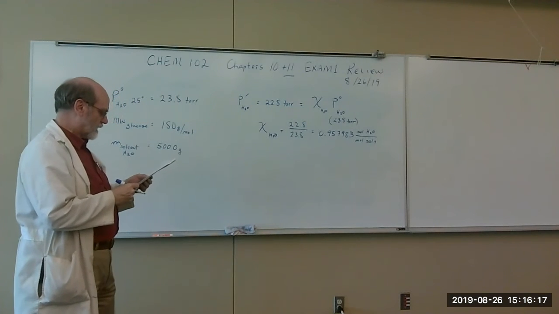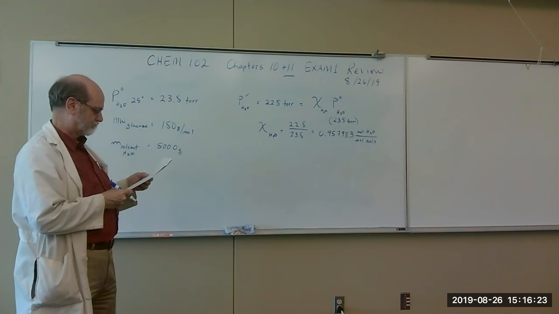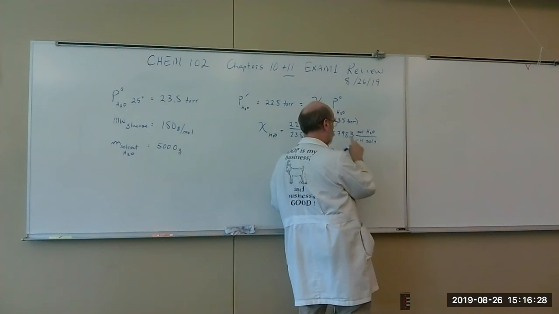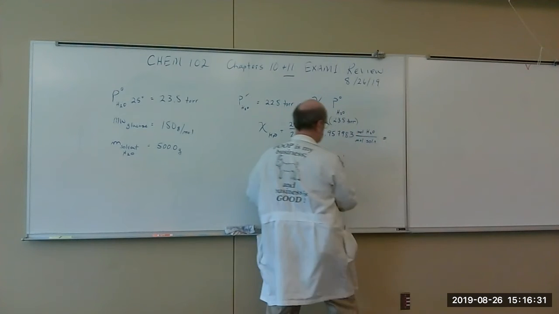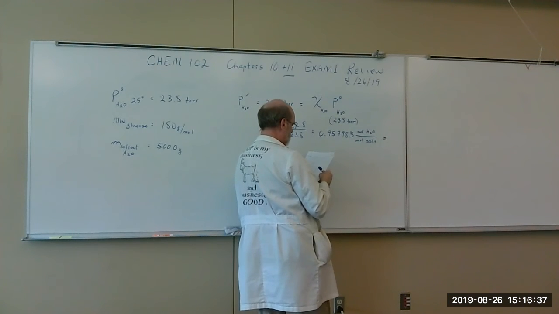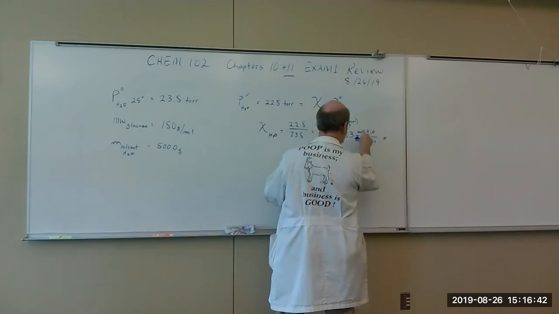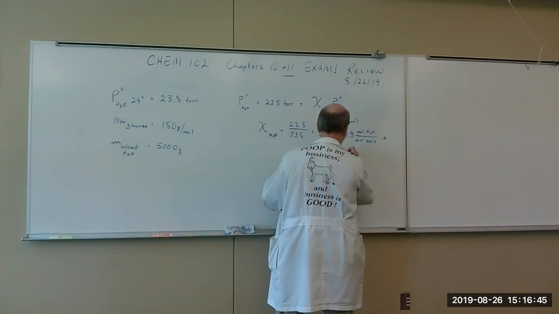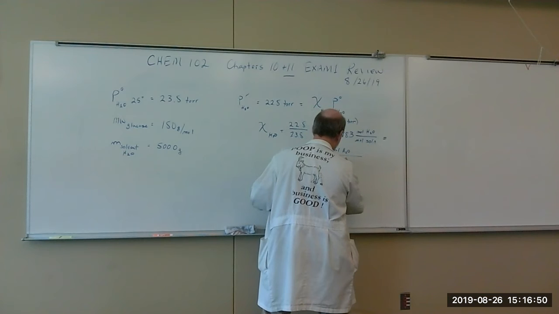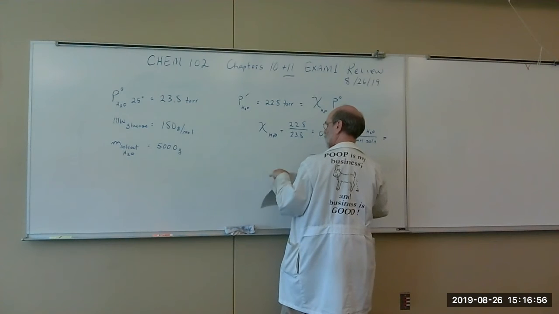So we need to know, okay, we can set this equal. So what does this expression mean? This expression means that we have moles of water divided by moles of water plus moles of glucose.